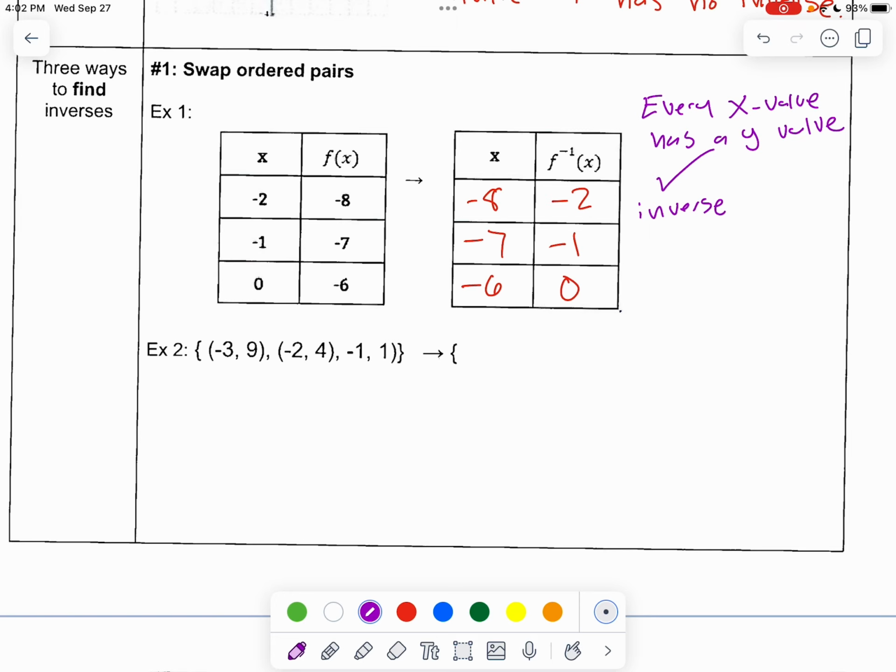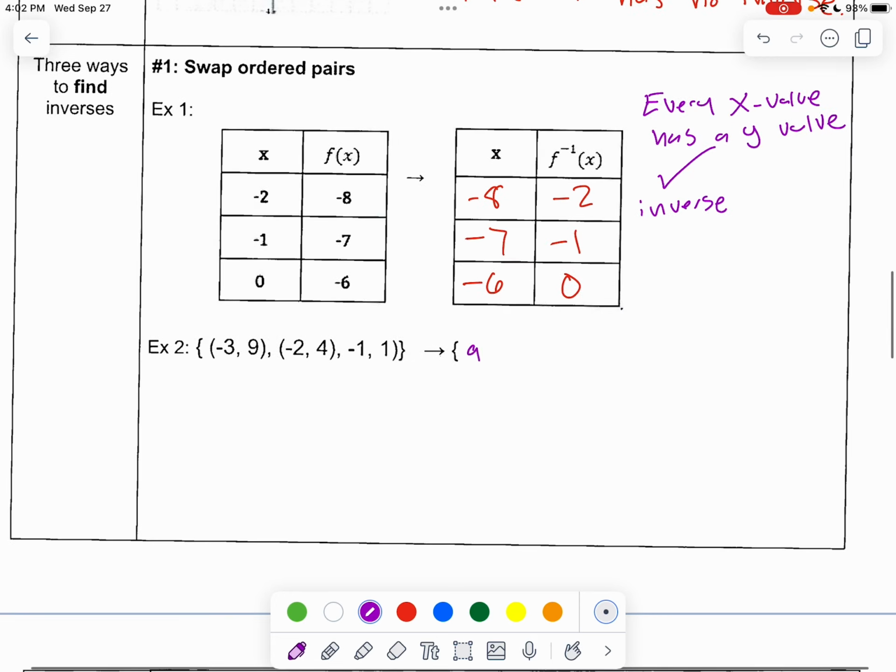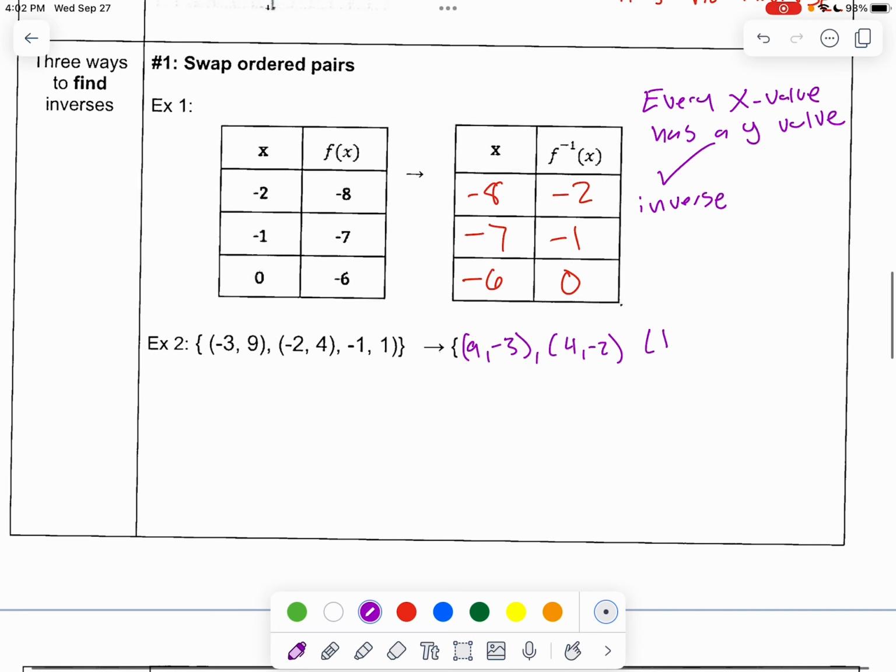Now, next example. You can switch 9 and 3, 4 and -2, 1 and -1. So flipping the order of these.